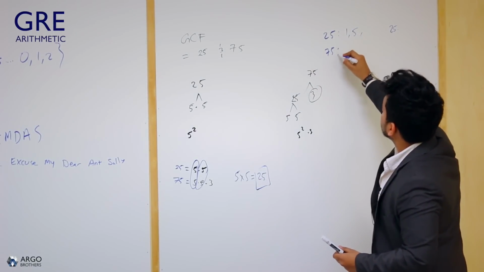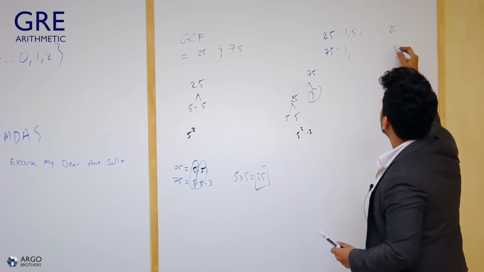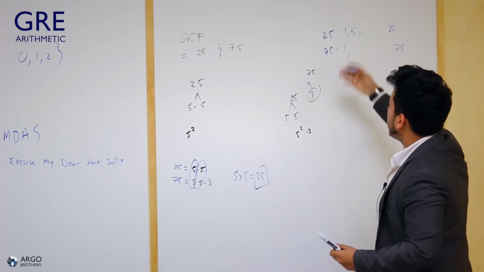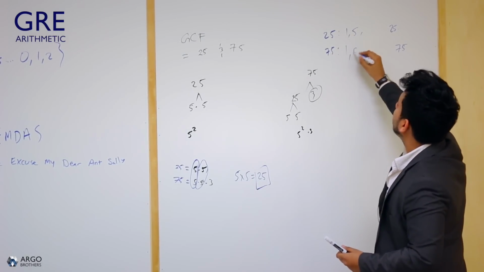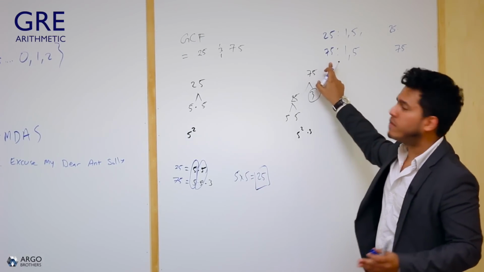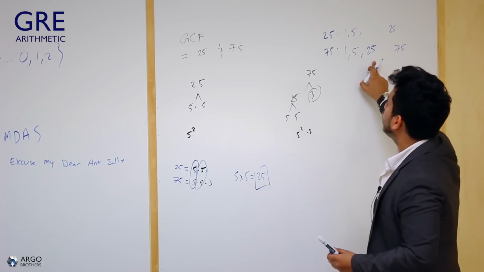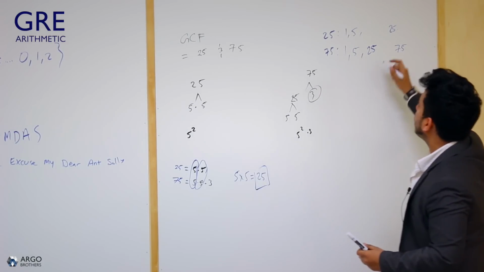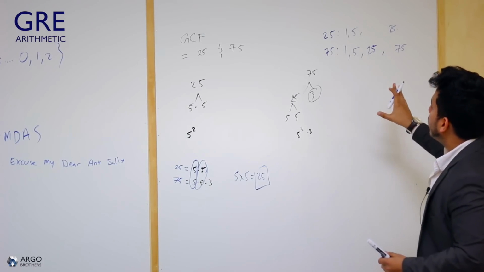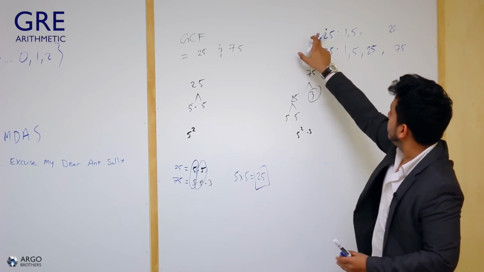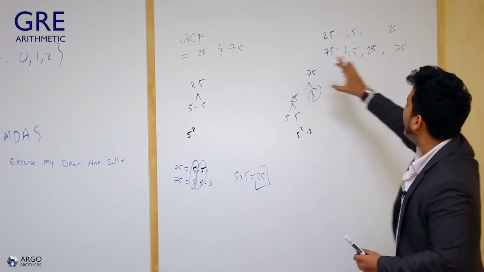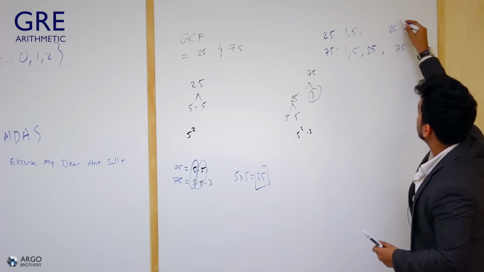Over here, I also have 1. I'll end it with a 75. And then I could go on and I can say 5, yes, because 5 is a factor of 75. 25 as well, right? 25 times 3 is 75, and so on and so on. But what you'll see is that in both these sets, the greatest common factor is 25.